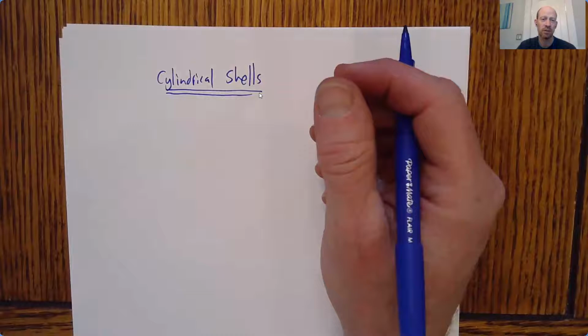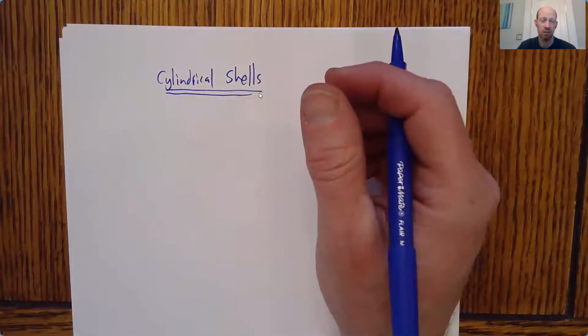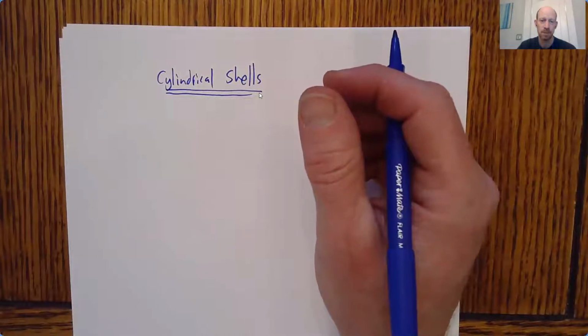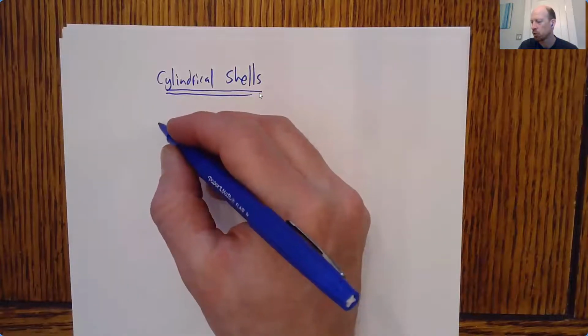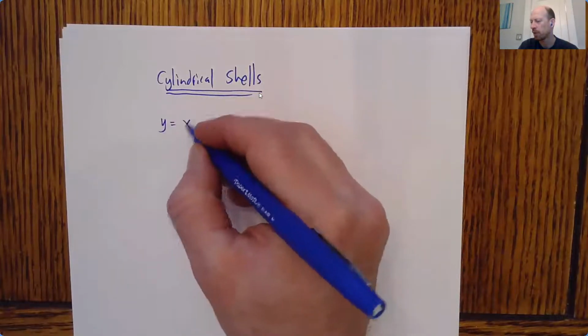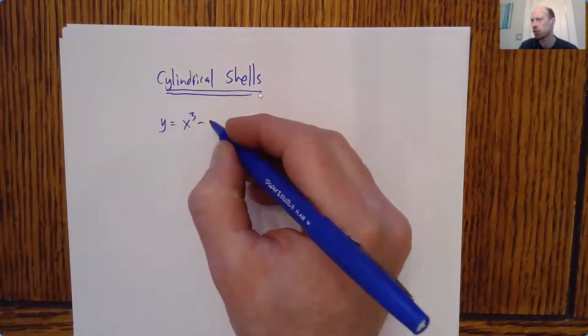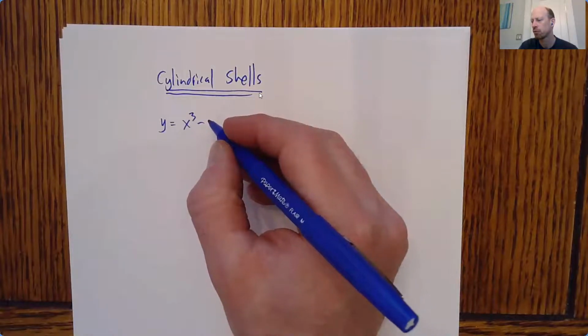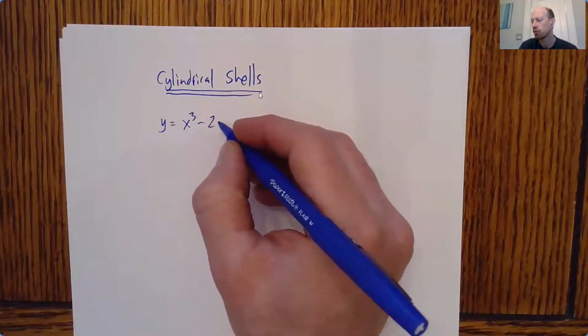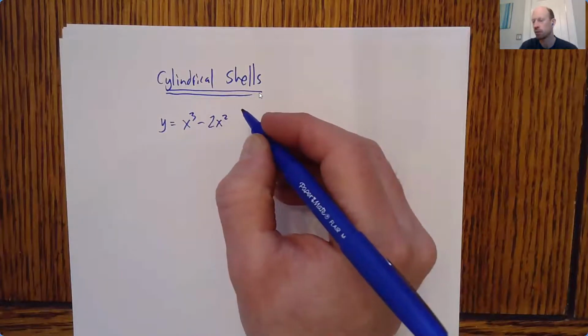So let's take a look at what's called a cylindrical shell. There's a kind of classic example here. Y equals x cubed minus 2x squared.